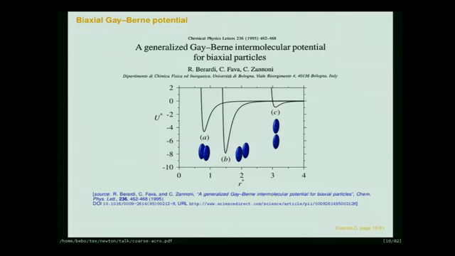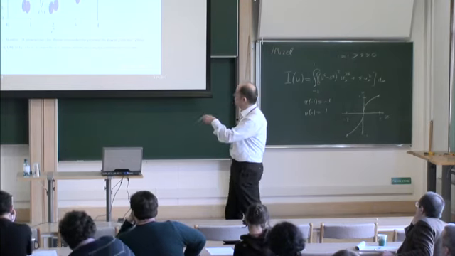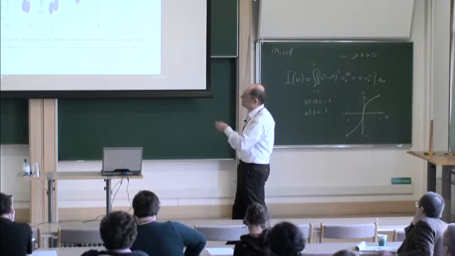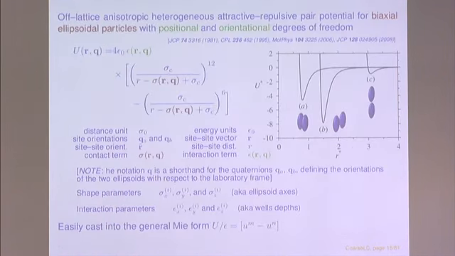So here you have, for instance, the three representative interaction energy curves for the face-to-face, side-by-side, and end-to-end interactions. Now I'm going to show you the expressions for this kind of generalization, but later on I will also quote other forms that can be interesting for simulations.